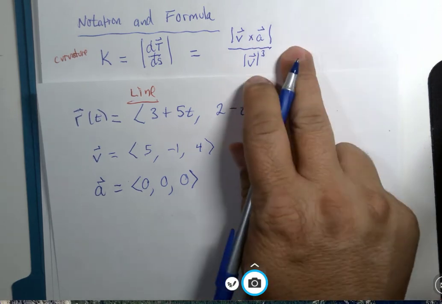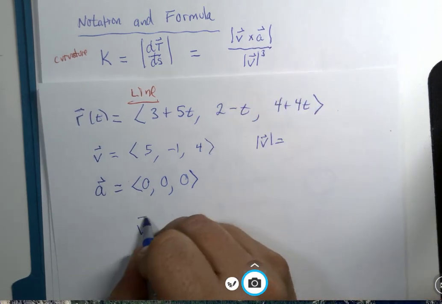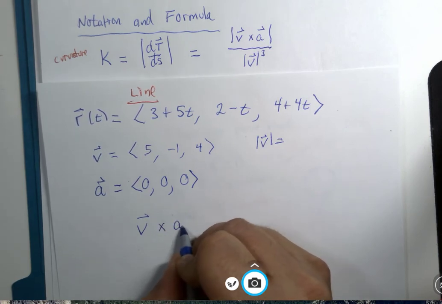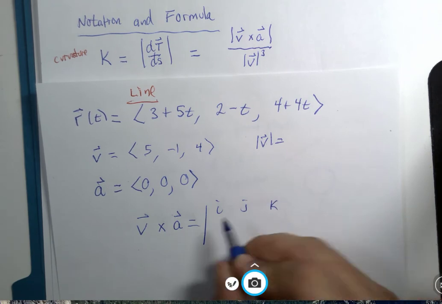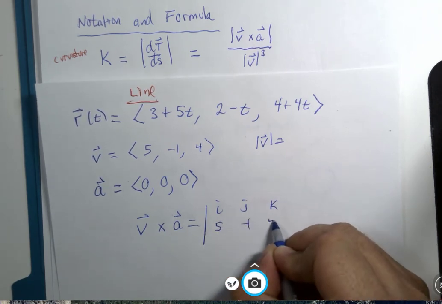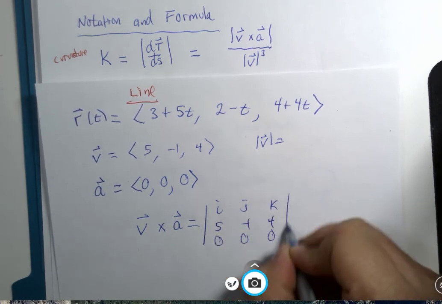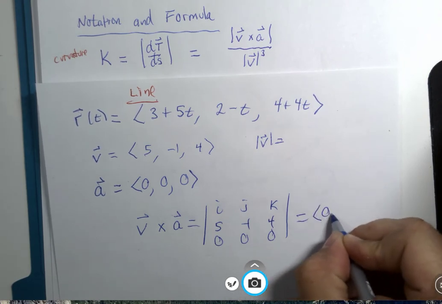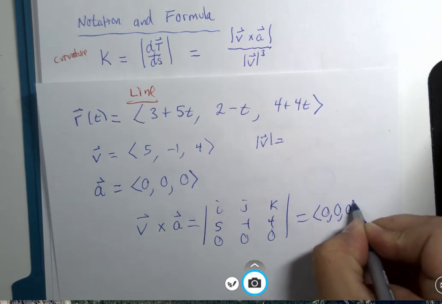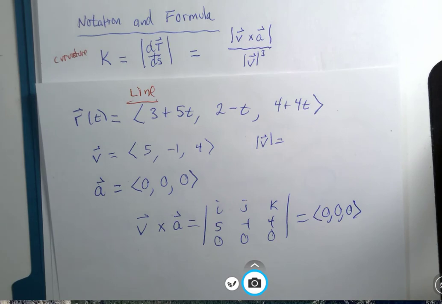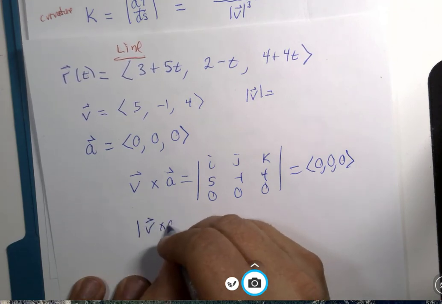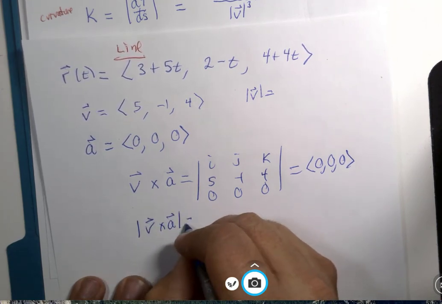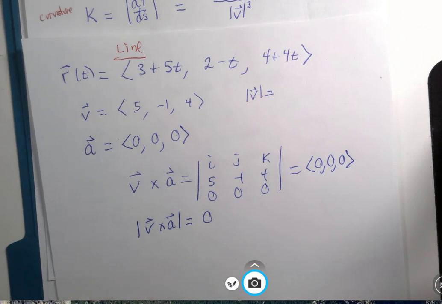If I try to use this formula, velocity cross product acceleration, i j k, 5 -1 4, 0 0 0, I'm going to get 0, the vector, and the magnitude of 0, the vector, is 0, the number.